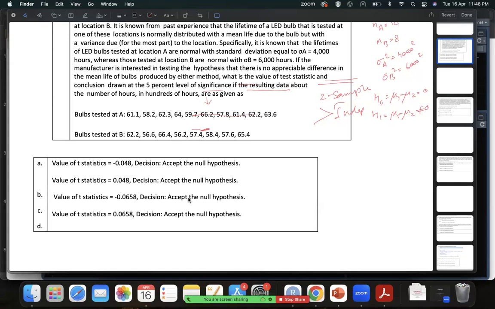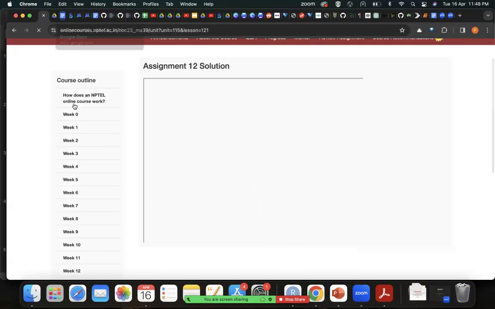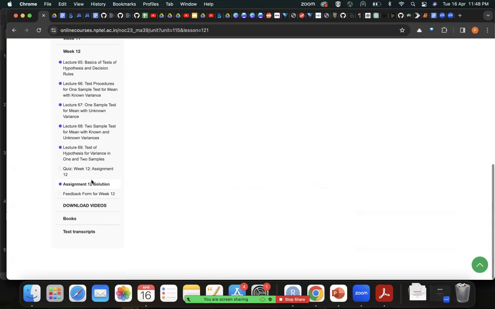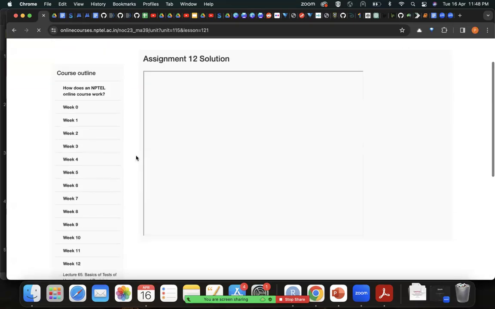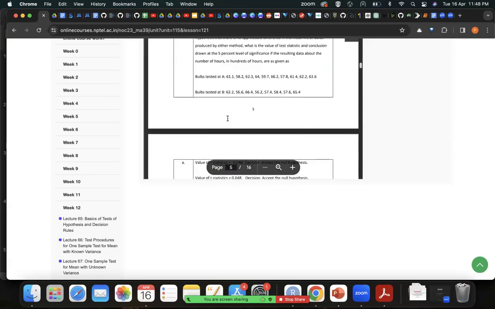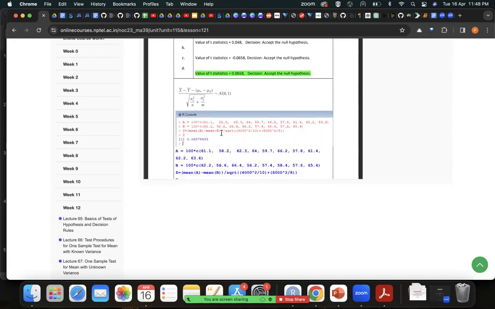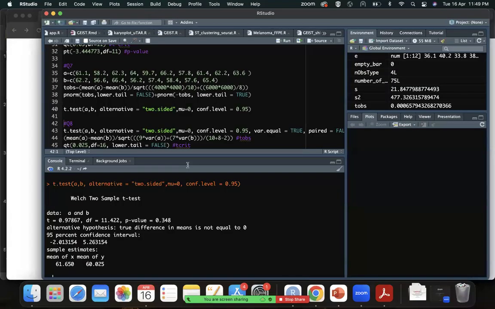I think I must have copied the answer options for something else. Let me just check. Zero six five. This is what I did, but I didn't get 0.065.